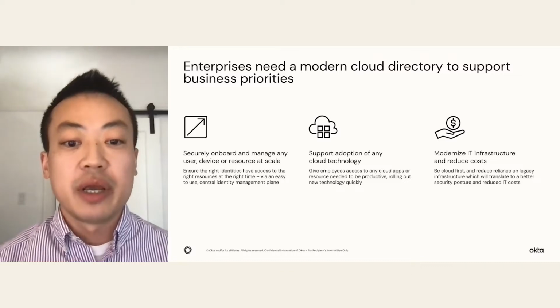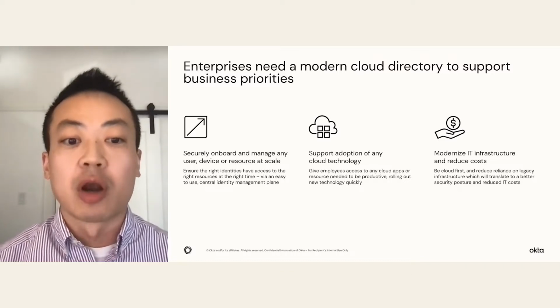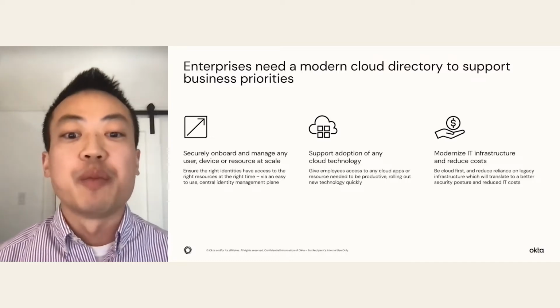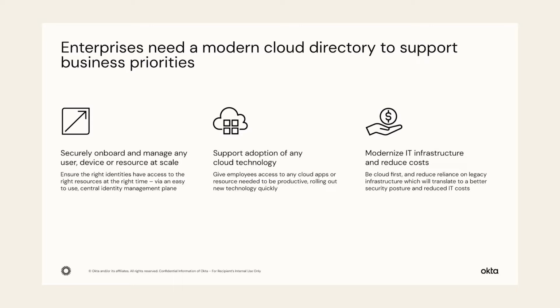And then the security and access policies across those distributed identities are also inconsistent, which makes it more challenging to secure. That's why enterprises need a more modern cloud directory solution to support their business priorities.